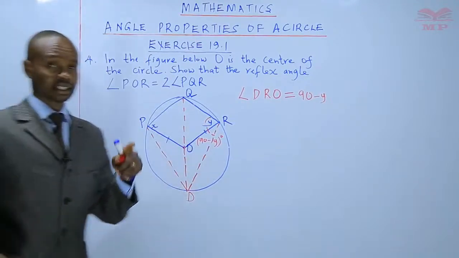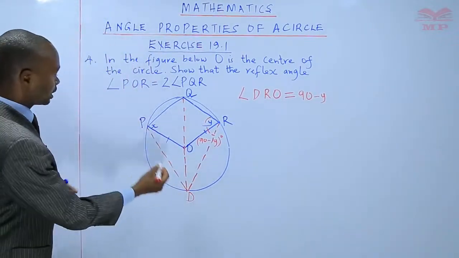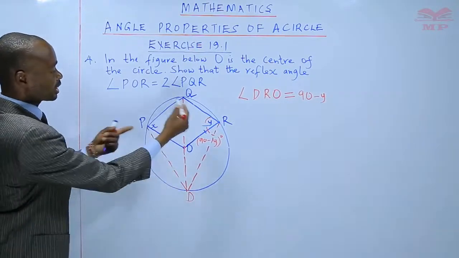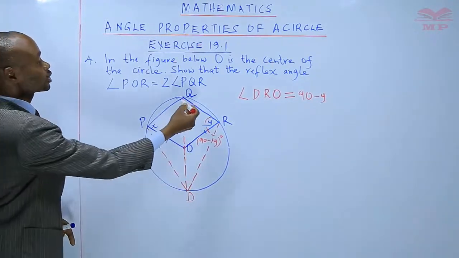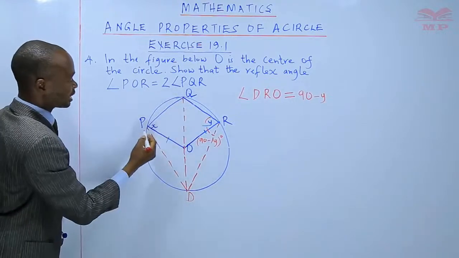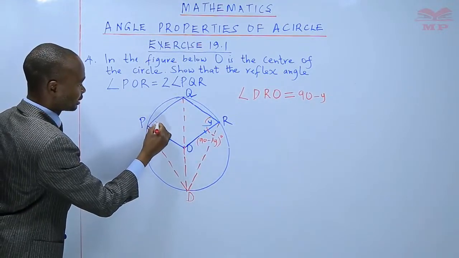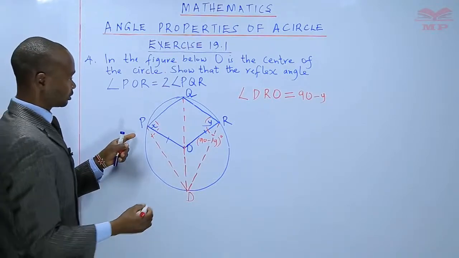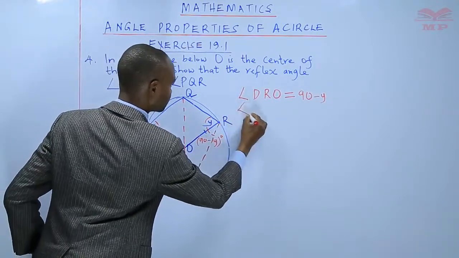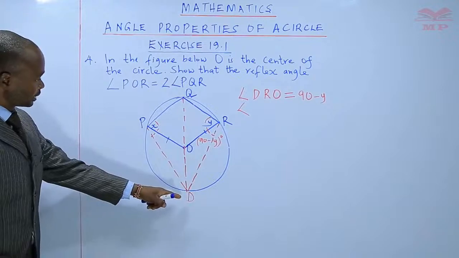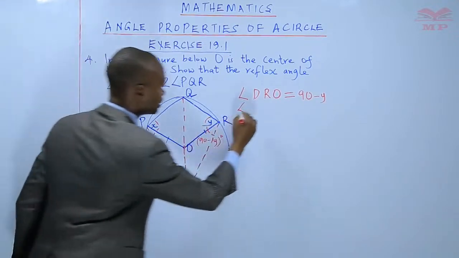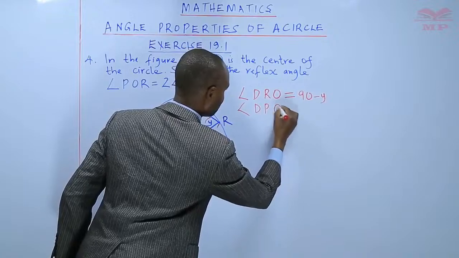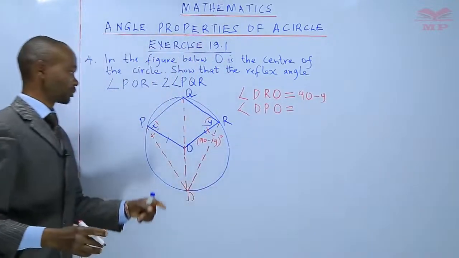I'll also come and get angle DPO. The same thing happens. Since this one is the diameter, it subtends a right angle here. Similarly, angle DPO will be equal to what?